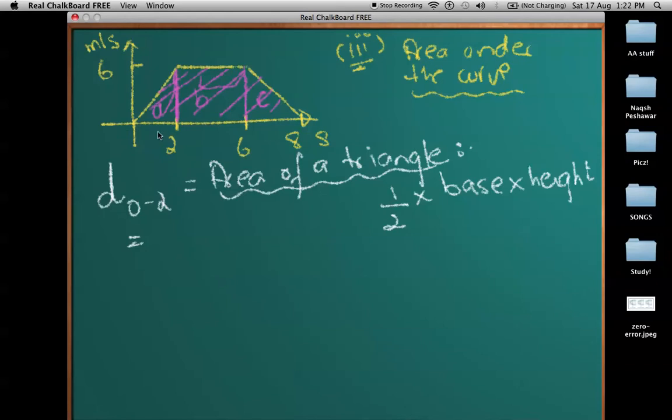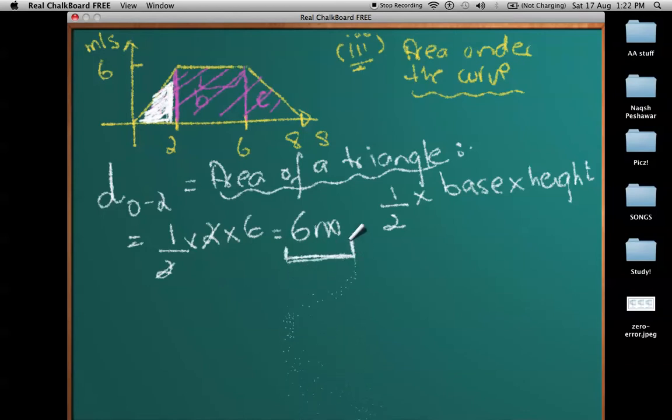This is the base, the distance here is 2, and this is the height, this is 6. So half times 2, the base, times the height, 6, will give me 6 meters, as in the area of this triangle only, which I labeled as A. So in 0 to 2 seconds, it traveled a distance of 6 meters, and we have seen from the earlier videos, with the same graph, it did travel 6 meters.